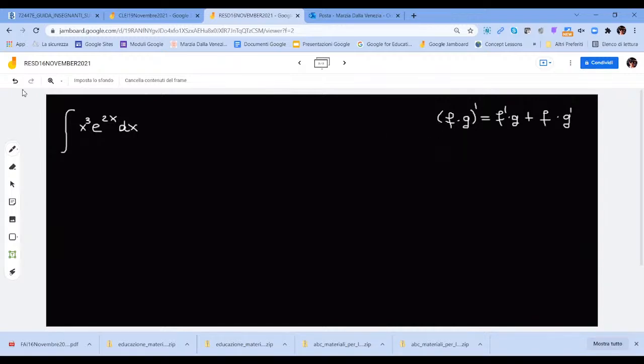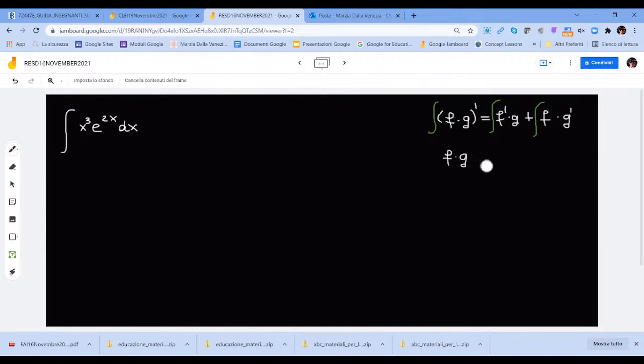Then, as you've seen in the theory, if you integrate both sides of this equality, you can rewrite it: the primitive of the derivative of f times g is f times g.